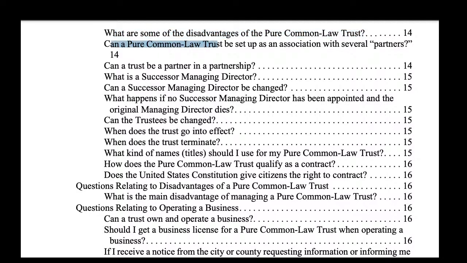Can a pure common law trust be set up as an association with several partners, which of course, as we saw before, might have it classified as a partnership for state statutes and tax purposes? Can a trust be a partner in a partnership?